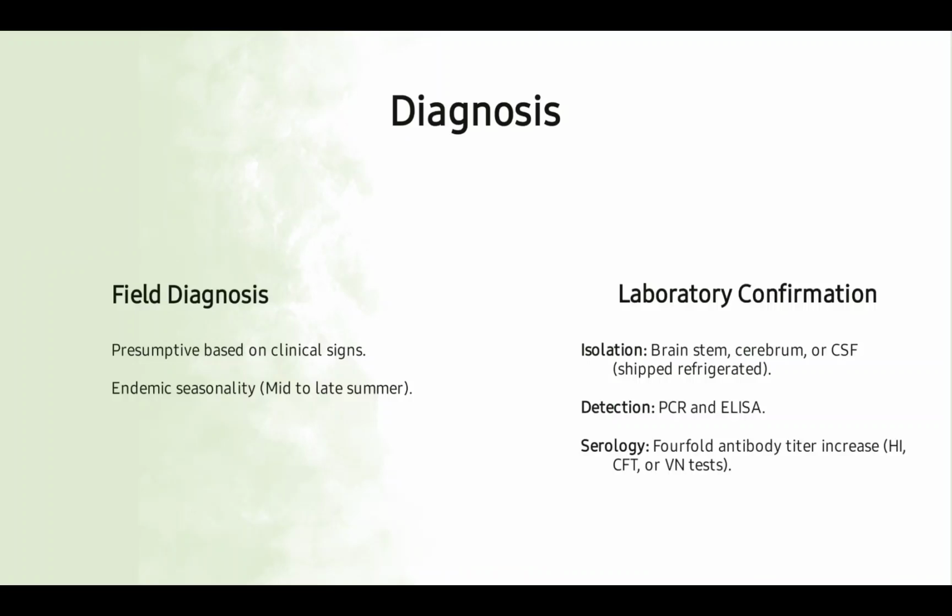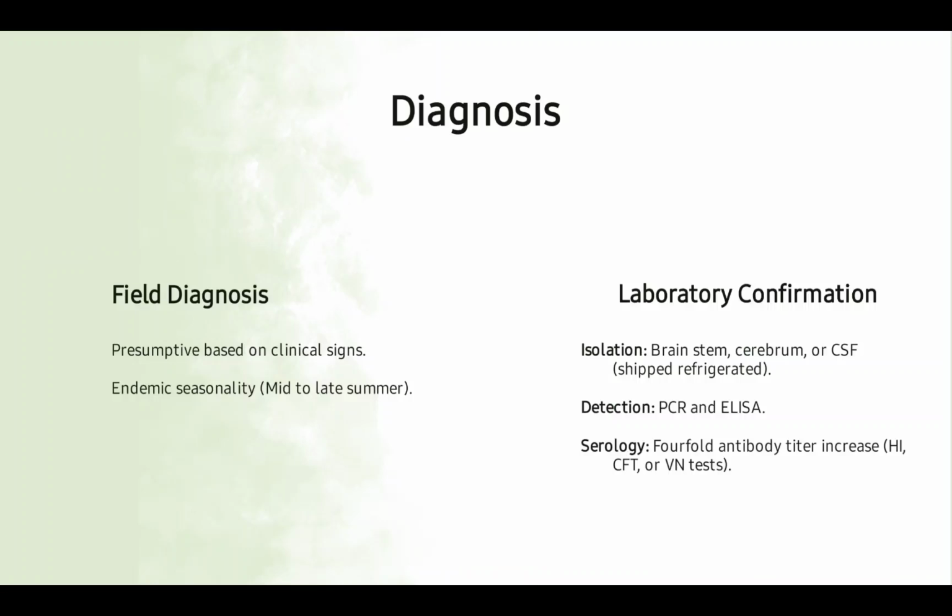Because early clinical symptoms mimic common illness, field diagnosis often relies on endemic seasonality and clinical signs. Definitive antemortem diagnosis requires detecting specific IgM antibodies via capture ELISA in serum or CSF.